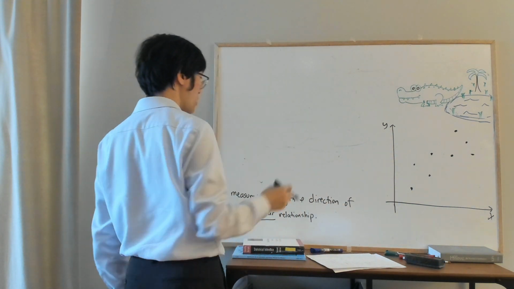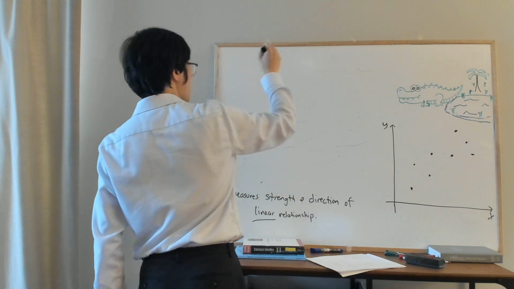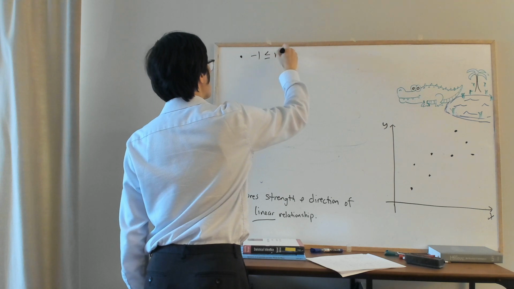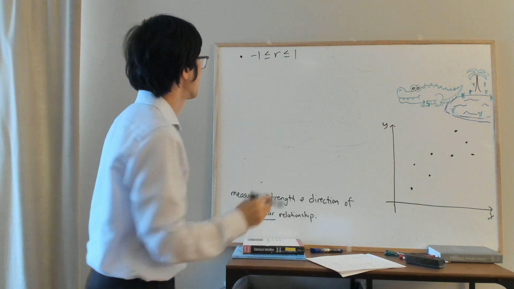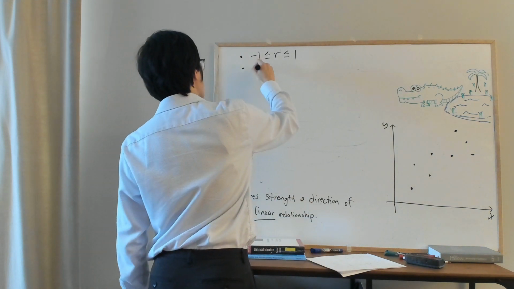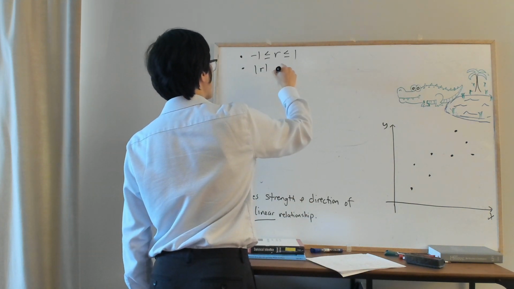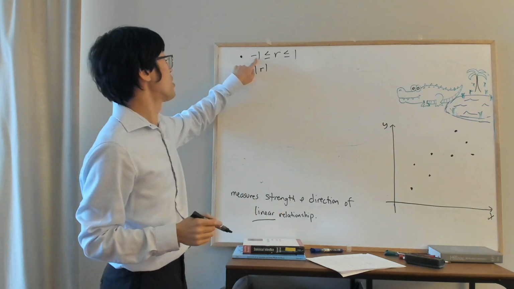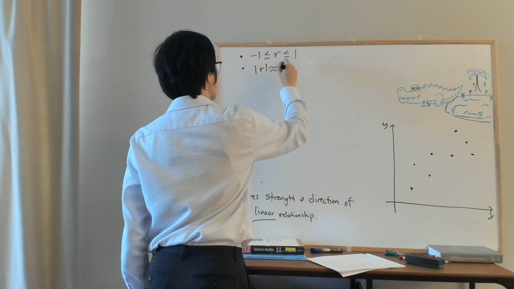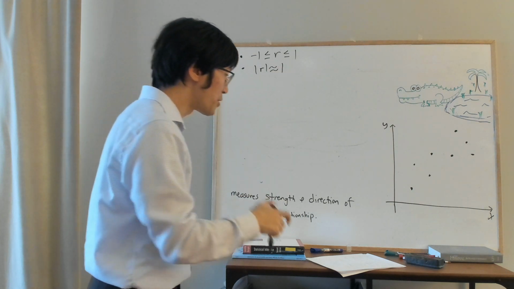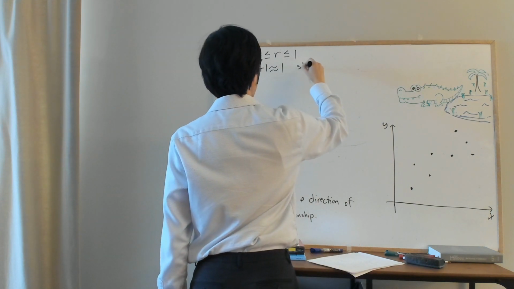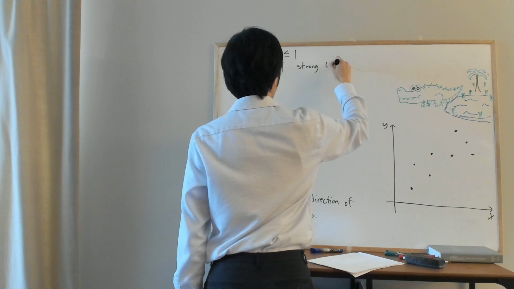Suffice to say, we'll state these facts. So if the absolute value of the correlation is either positive and close to 1 or negative and close to minus 1, this is what we consider a large correlation in absolute value. This means that x and y would have a strong linear relationship.